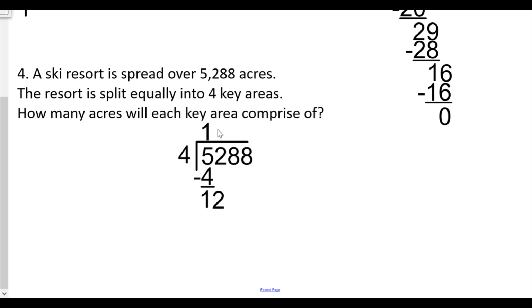4 goes into 12 3 times, because 3 times 4 is 12. I want to subtract that. 12 minus 12 is 0. I'm going to bring down my 8. 4 goes into 8 2 times, because 2 times 4 is 8. I'm going to subtract that.